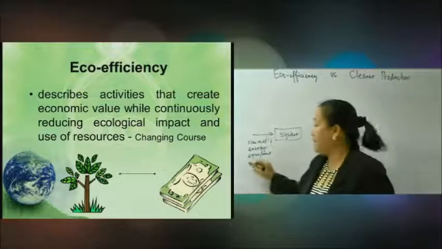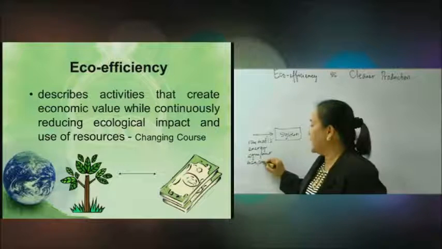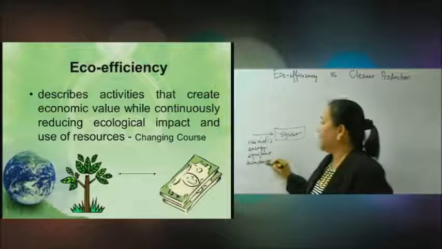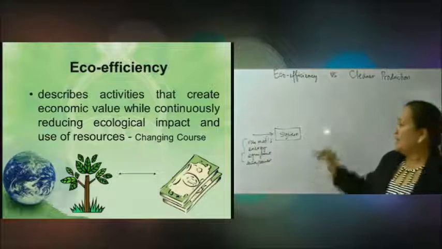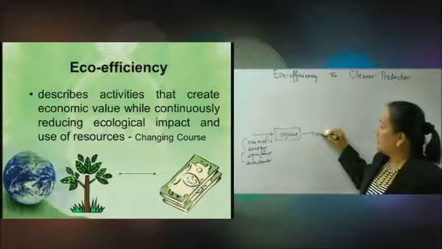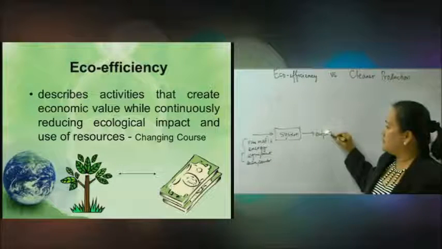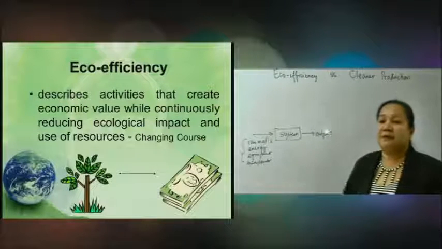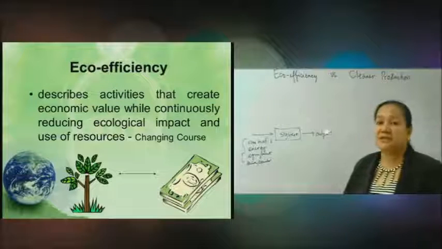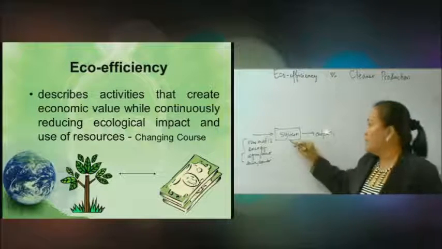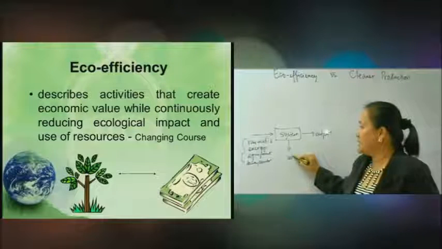And of course, manpower. But in this case, we eliminate manpower. So we only base it from these inputs. And then this would be correspondingly giving you outputs. But definitely, you have learned from thermodynamics also that there's no such thing as 100% efficient system. And therefore, some of the outputs would be the waste.